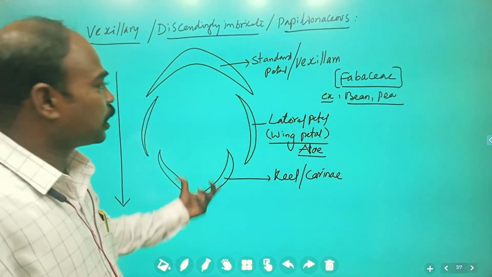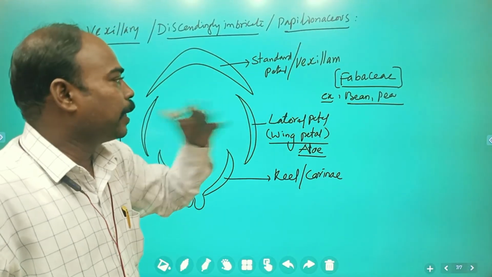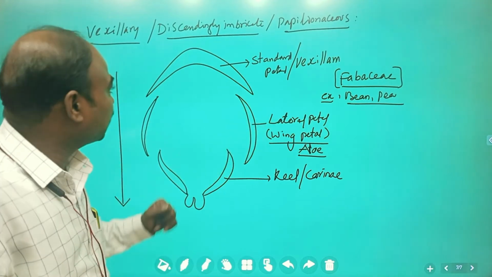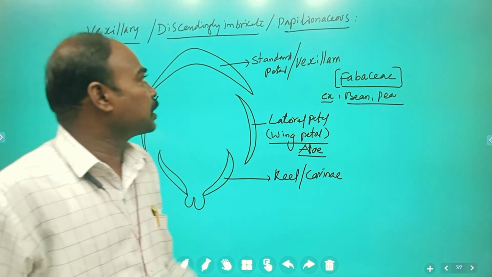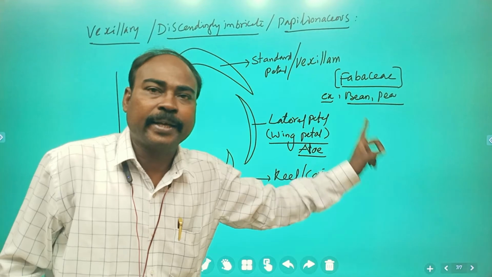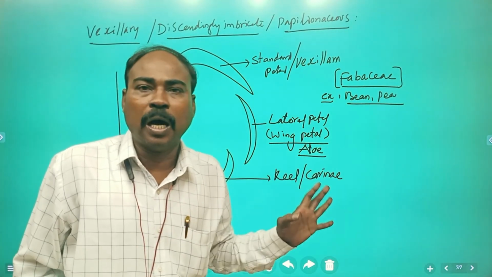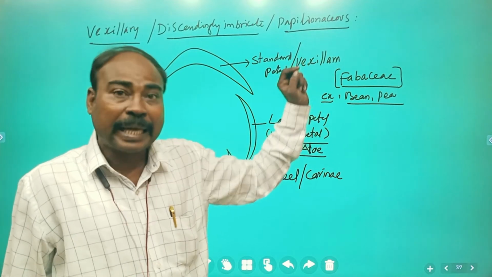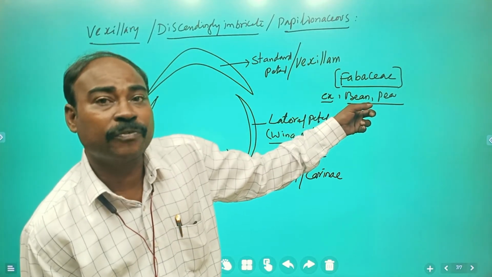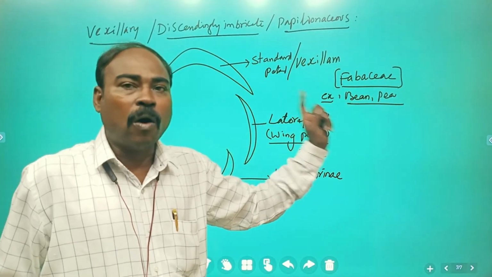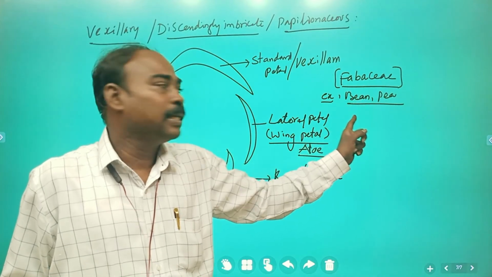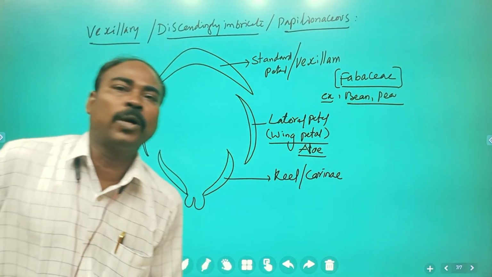This arrangement was seen in Fabaceae members, example bean, peas, etc. It is otherwise called descendingly imbricate aestivation or papilionaceous corolla, which is an important diagnostic characteristic feature of the flowers found in the members of Fabaceae, examples beans, peas, groundnut, etc.